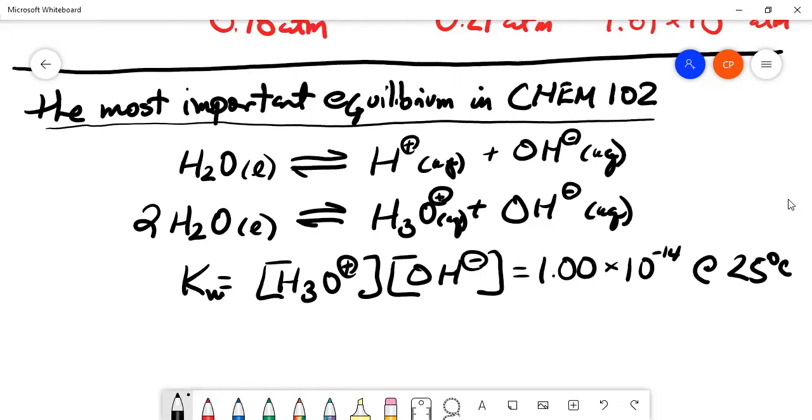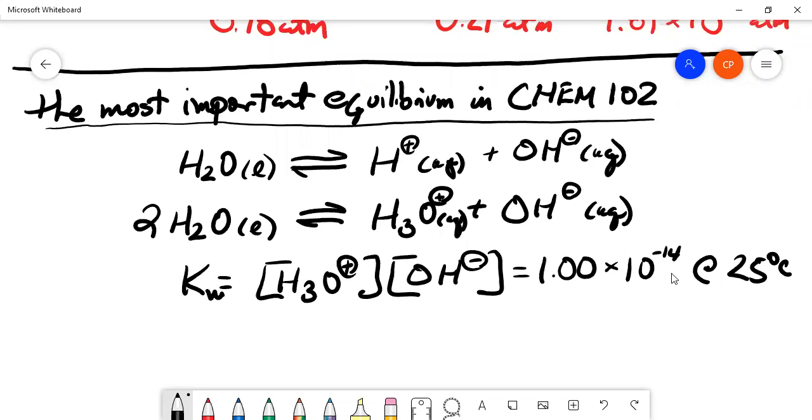Where do you think that number 14 connects with stuff you've studied before? It's close to time. I'm going to let you off the hook. What's the range of the pH scale? 0 to 14. And that's where the 14 comes from.